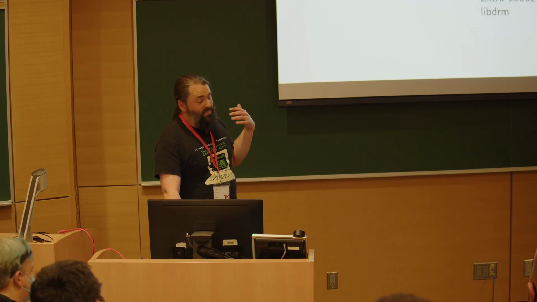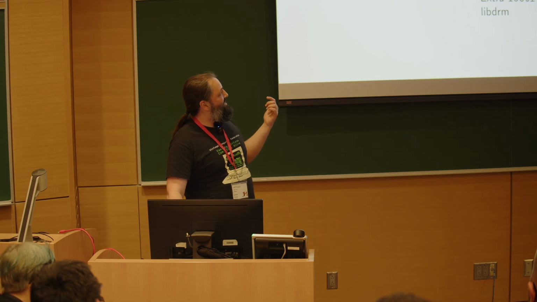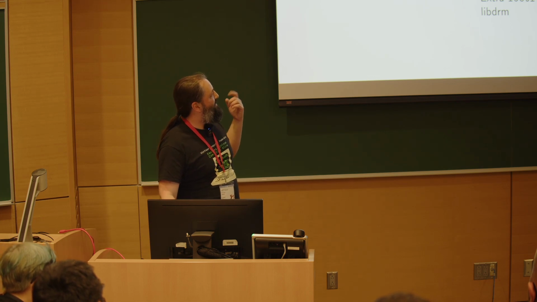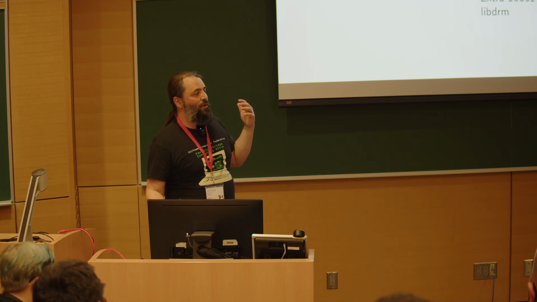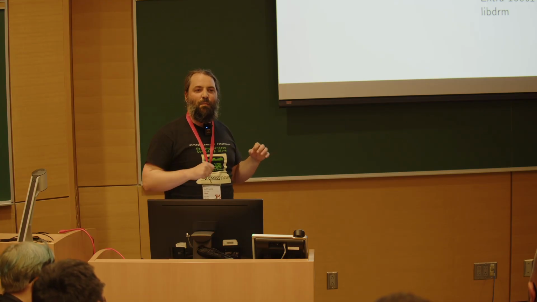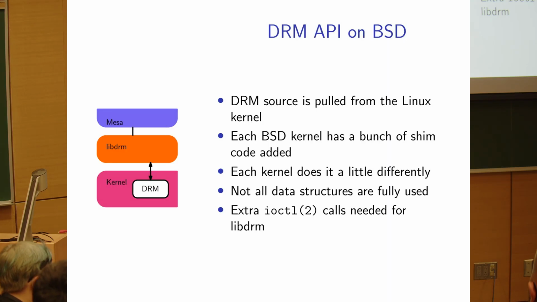But the other thing is that there are a lot of things that Linux does where they've got procfs and sysfs, and they'll do things through that mechanism that we don't have and we don't need. So it ends up that we have a bunch of little modifications.